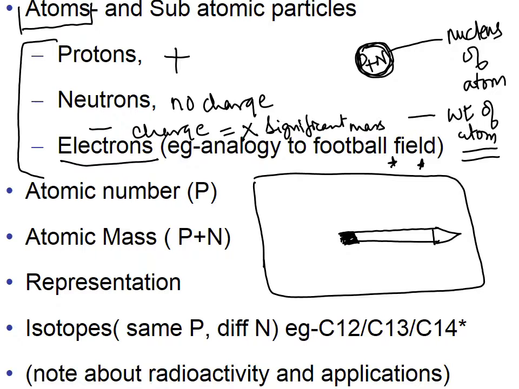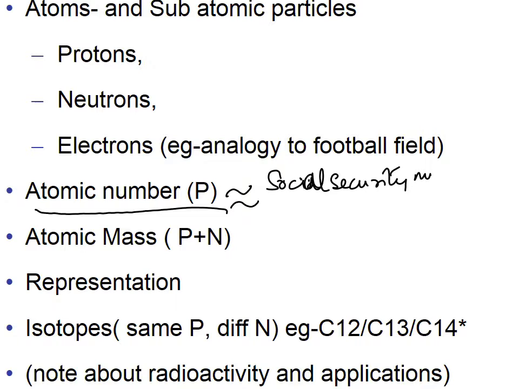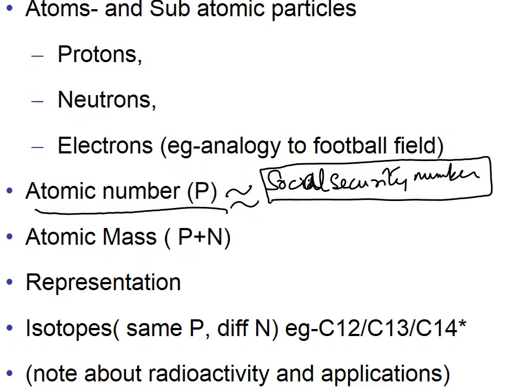Okay. Then we are going to talk about something known as the atomic number. In order to understand the atomic number, you basically have to think of it as equivalent to your social security number. What do I mean by that? You have a social security number and that identifies you and just you, nobody else. If the number changes, it is not you, it is someone else. Got that?